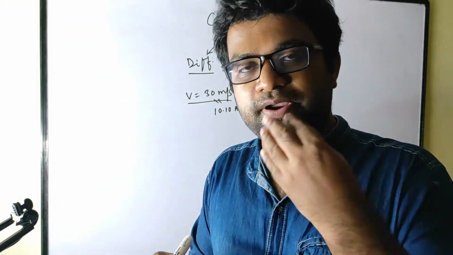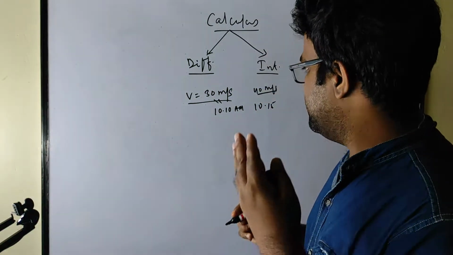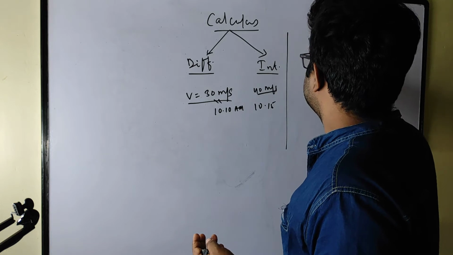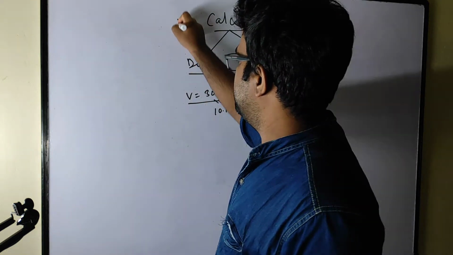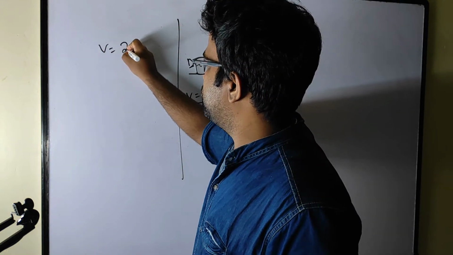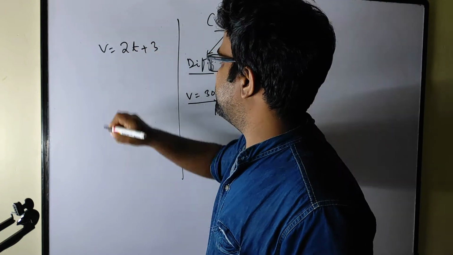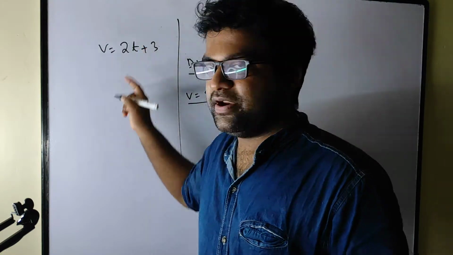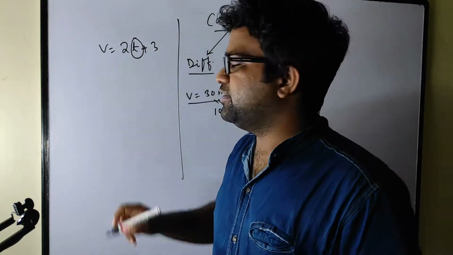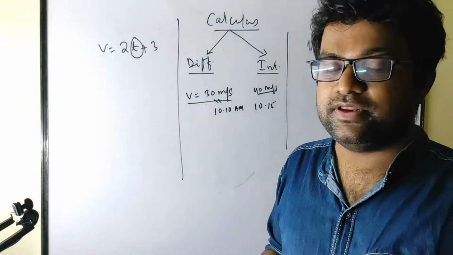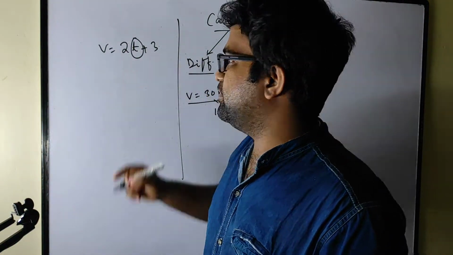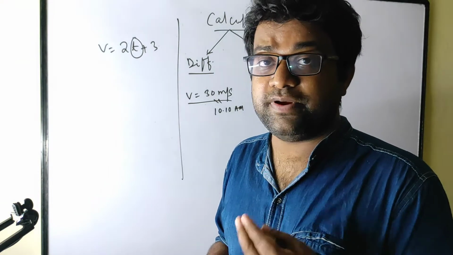Now your speed is not constant over time, and it is dependent upon a certain variable, let's say t. Suppose I tell you the velocity varies as 2t plus 3. That means the velocity is dependent upon t, time here. Velocity is not a constant number. Instead, it is dependent upon time.